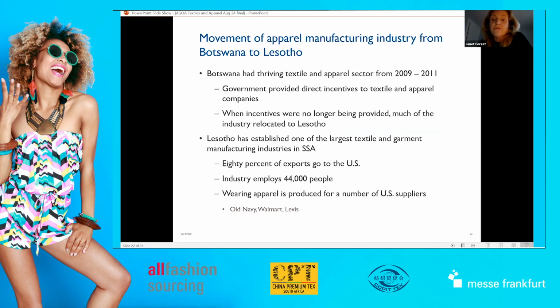Now Lesotho has one of the largest textile and garment manufacturing industries in sub-Saharan Africa. 80% of the exports go to the US, and the industry employs 44,000 people. There are a number of known US suppliers that goods are produced for, including Old Navy, Walmart, Levi's, and several others.